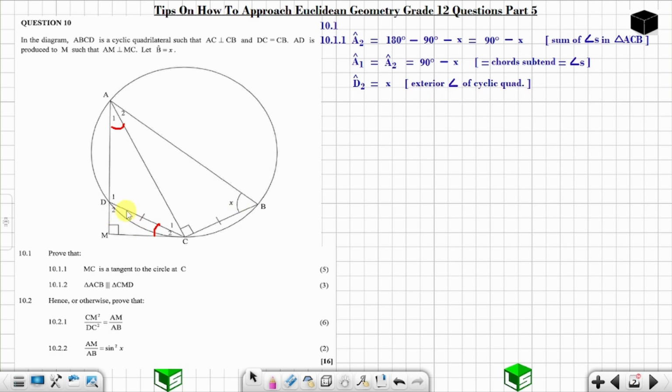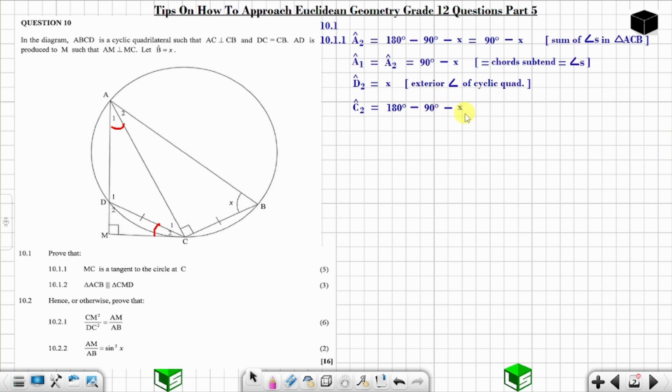Now we have the angle D2. Now we can find the angle C2. So the angle C2 is equal to, you can use this triangle. You have 180 minus 90 minus x, D2 is equal to x.